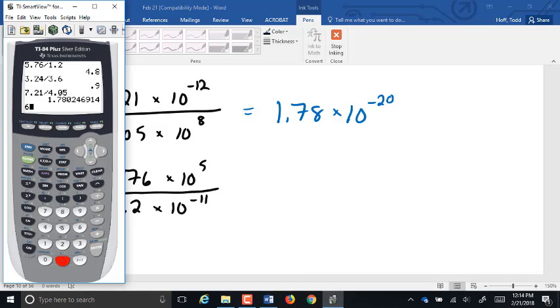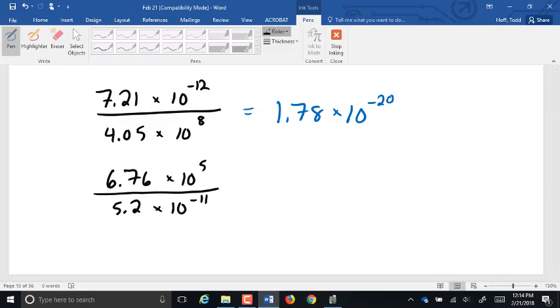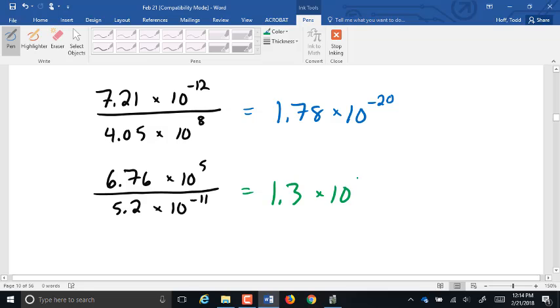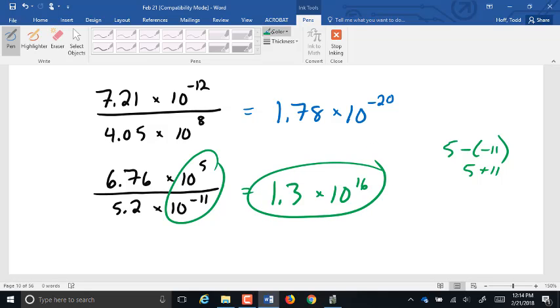So we do 6.76 divided by 5.2, which gives us 1.3. We also then have to divide our names. 10 to the 5th divided by 10 to the negative 11th. Again, we subtract powers. 5 minus a negative 11, written like that, becomes 5 plus 11, or 16. So that is 10 to the 16th.